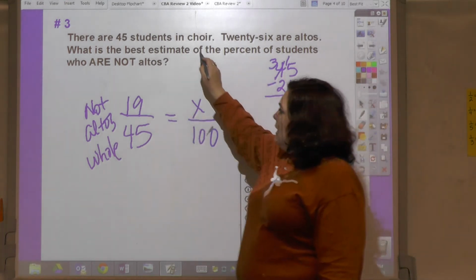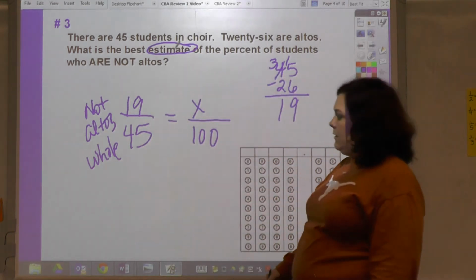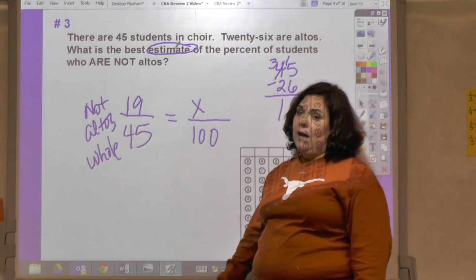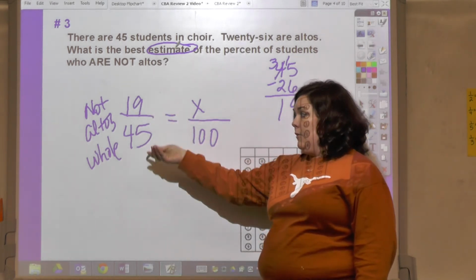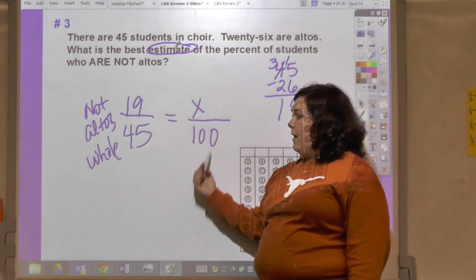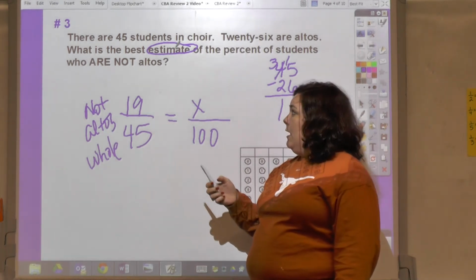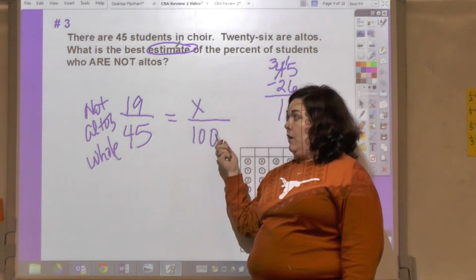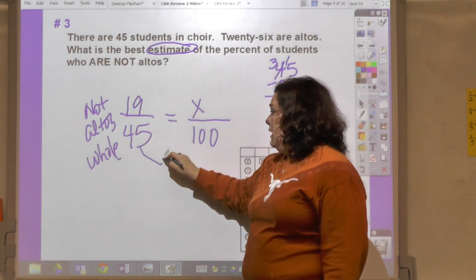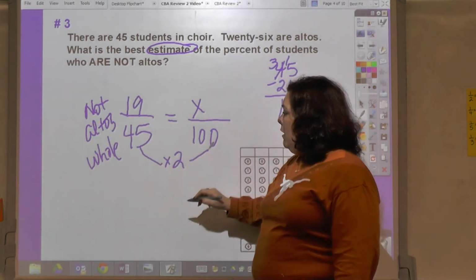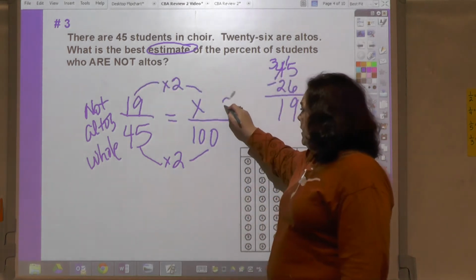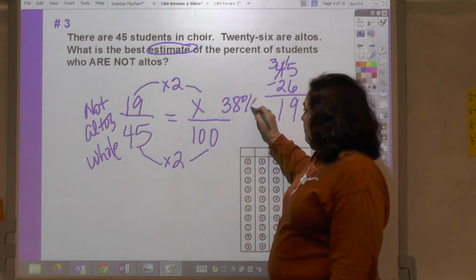Now it says estimate, and I look at these numbers and I go, these are not nice numbers. These are not numbers that I can simplify. 19's prime, this isn't going anywhere. I can't take 45 to 100. So it says estimate, so I'm going to say 50 is pretty close to 100. So I'm going to say times 2, and 19 times 2 is 38. So it's 38%.